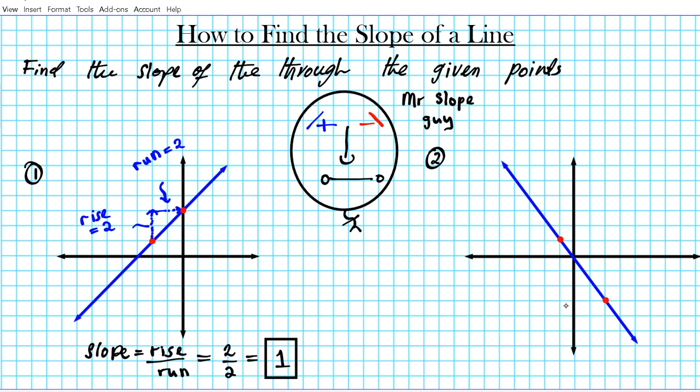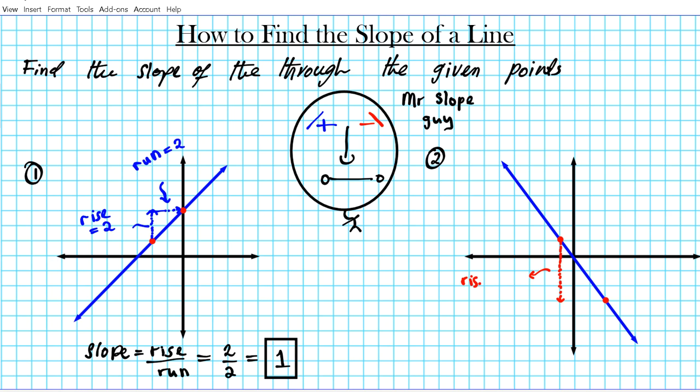So going down to a horizontal line that goes across this point, we're going to go 1, 2, 3, 4 units. So we're going to go down 4 units. So that's our rise, 1, 2, 3, 4. It's a negative rise, so you can consider it a fall.